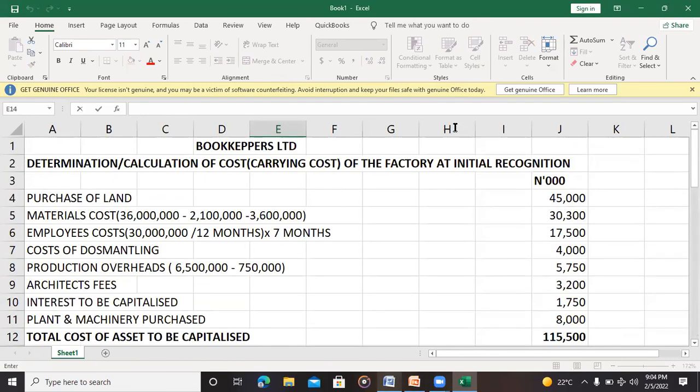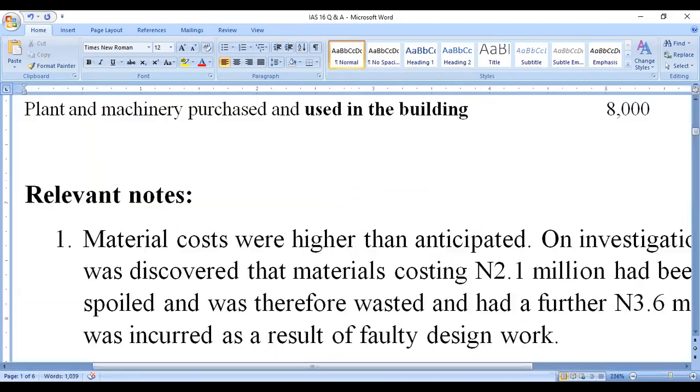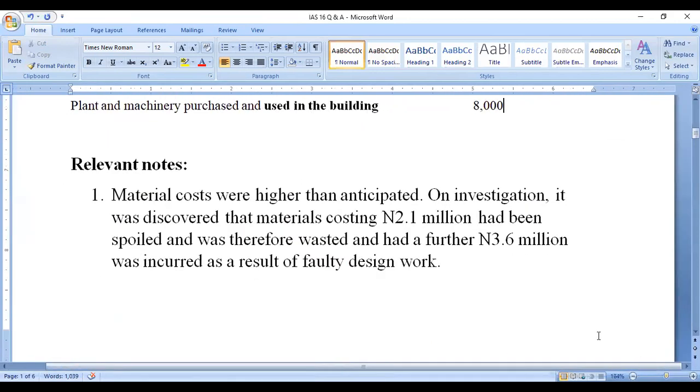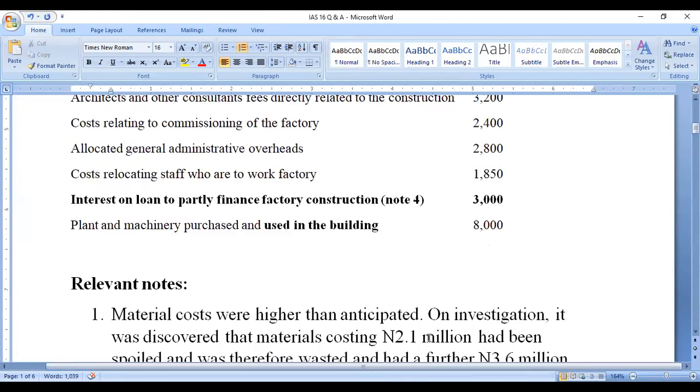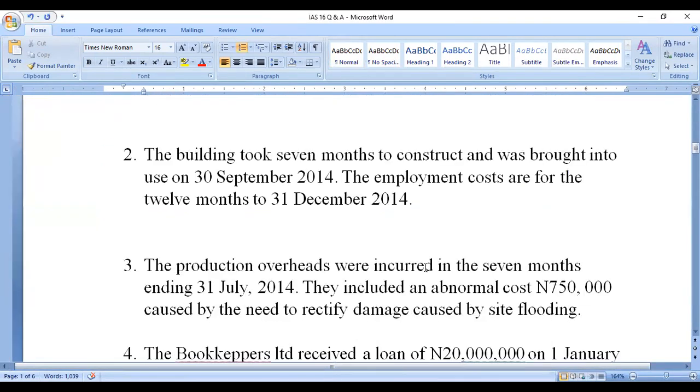Can I see from the question, from the additional information, where I have 7 months? This is the figure. Then we have additional information, note 4. So I'll go to note 4.